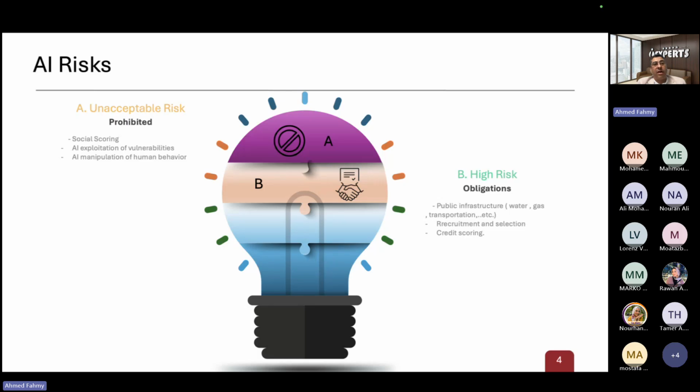So these solutions are classified as high-risk solutions.